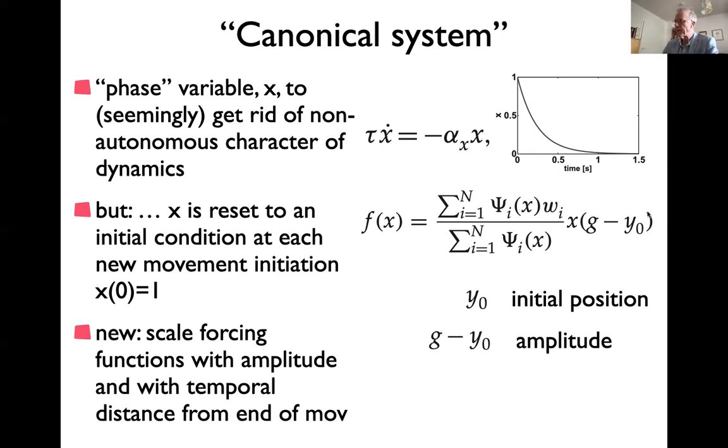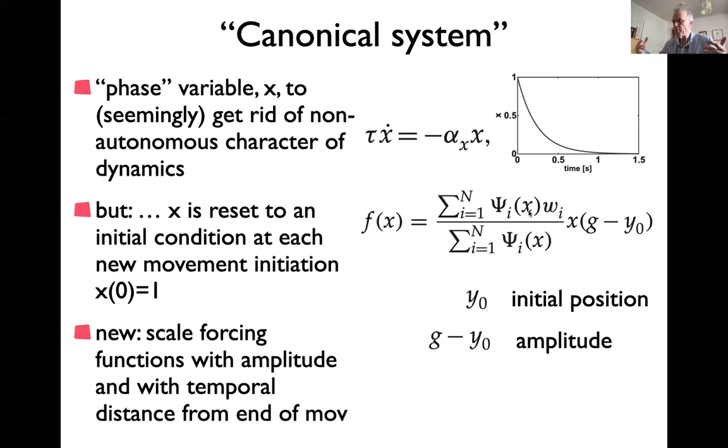And similarly, this term here scales this function with the amplitude of the movement. So this makes sure that, so g is the final time, it's the initial time, that when you're covering a larger distance, you're scaling up these forcing functions so that their modulatory influence is sufficient to really affect time.